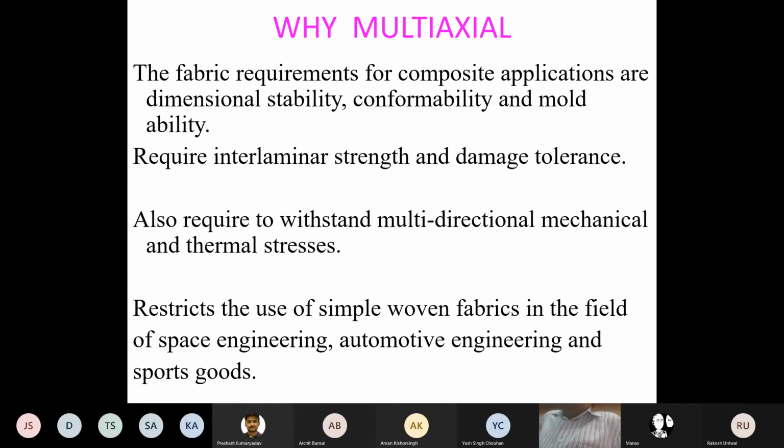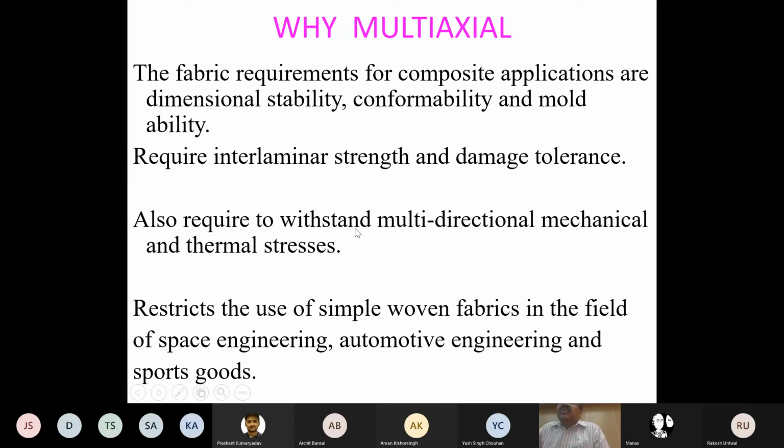There is no structural integrity between the layers. So those fabrics have very poor damage tolerance. If a composite material made from such multi-layer fabric is subjected to flexural load or impact, then the layers will delaminate. They will get separated from each other. That is another drawback.